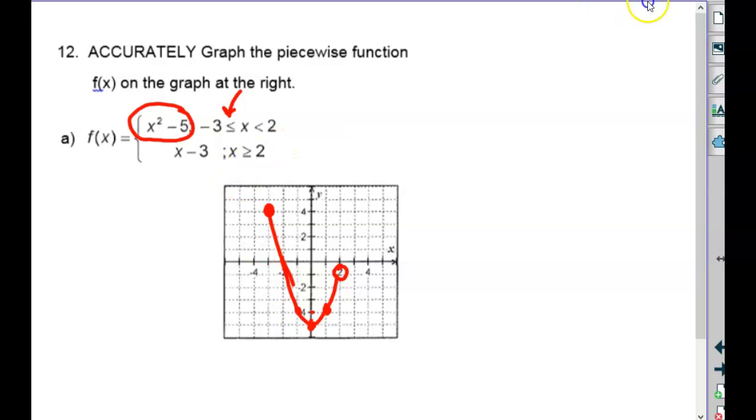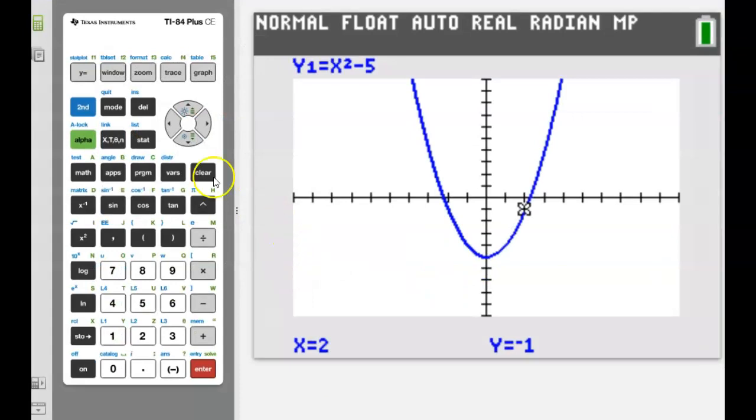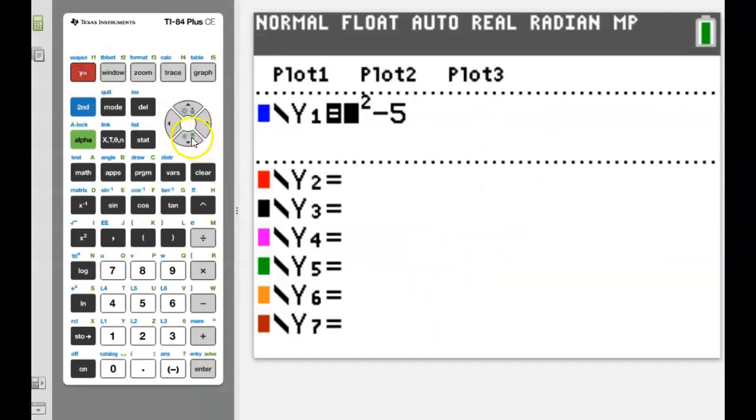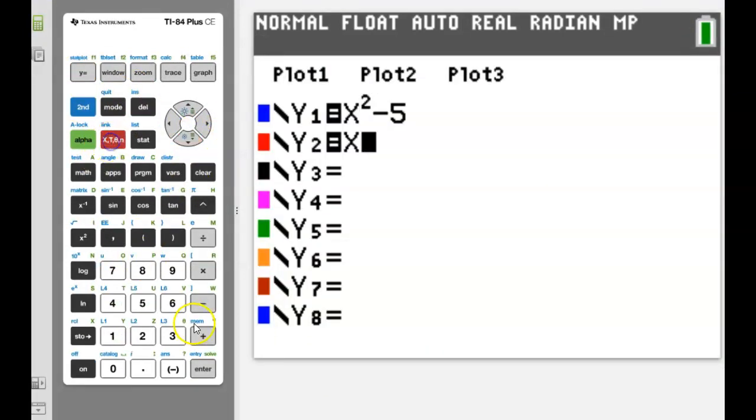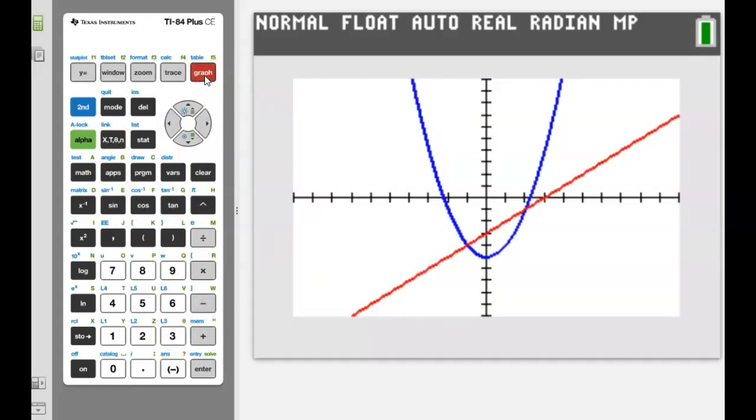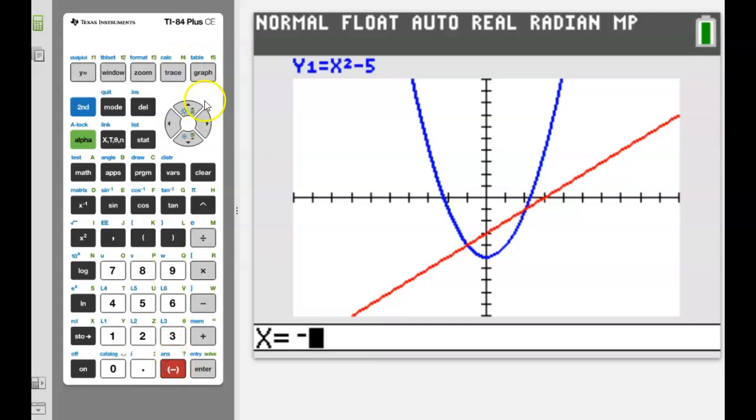And what is the other equation? Okay. So if I put in x minus 3, I get a line. But I only want the piece of that line that starts from where? 2. I want to be on the line equation.